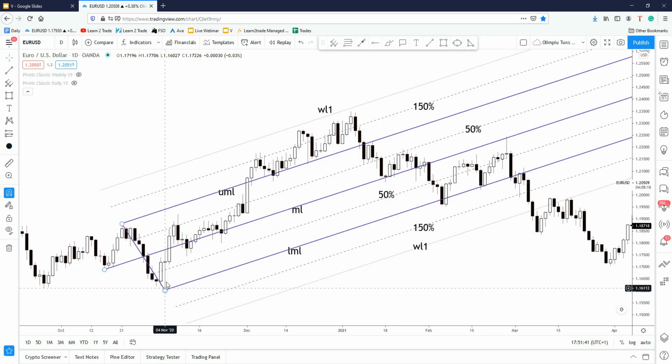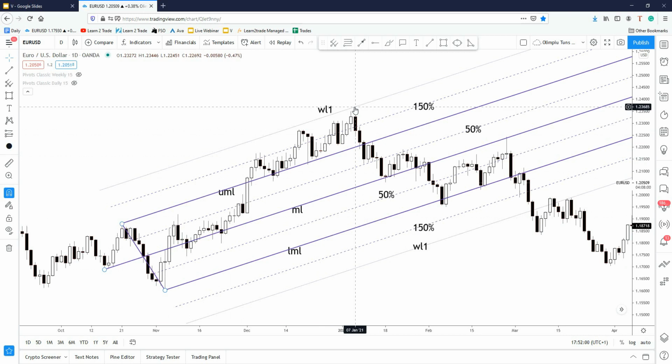You can see here as well the price has increased and it has found resistance at the upside 50% Fibonacci line. It has increased to test and retest the medium line, and then it has continued to increase towards the 150% Fibonacci line.